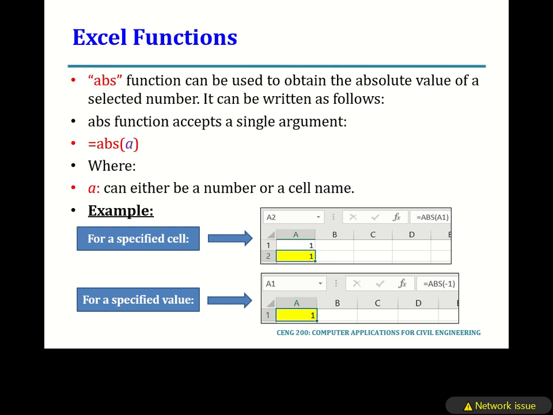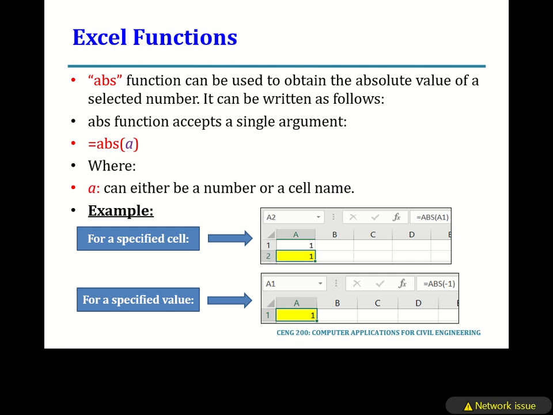One number. You put one number and Excel will give you output the same number without the sign. Got it? Okay. So the functions before were taking multiple arguments. This one only takes one. If you try to put more, it will give you an error.